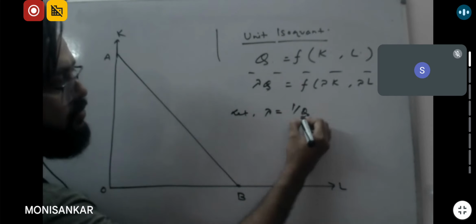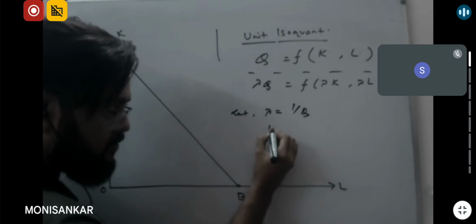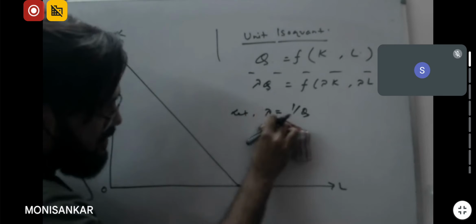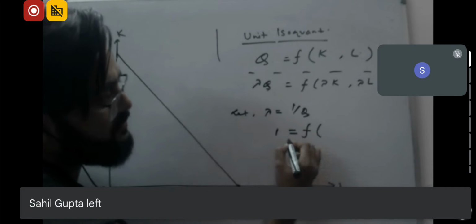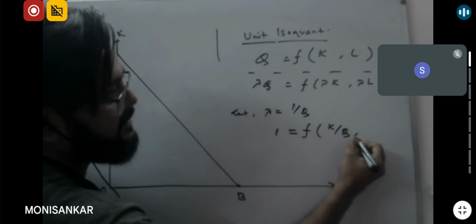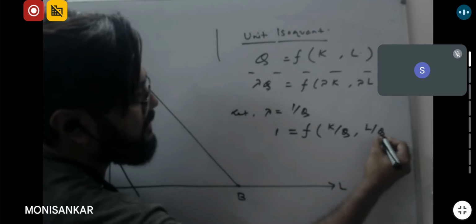Then this side becomes 1, and this is a function of k by q and l by q.